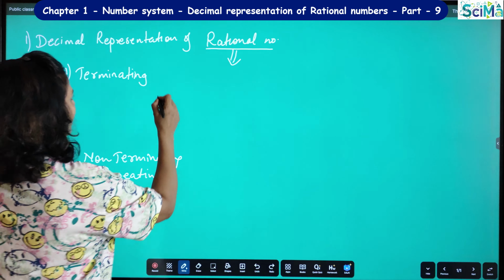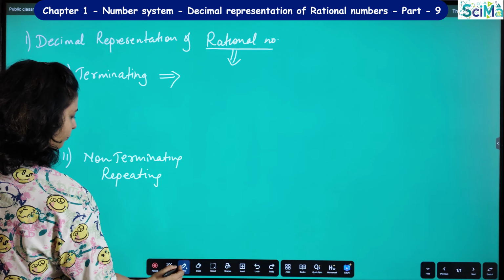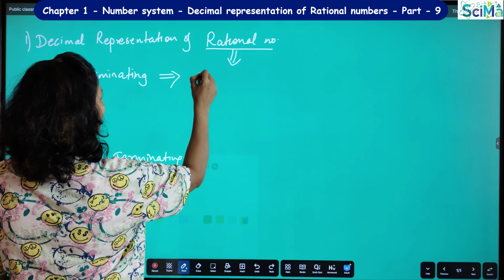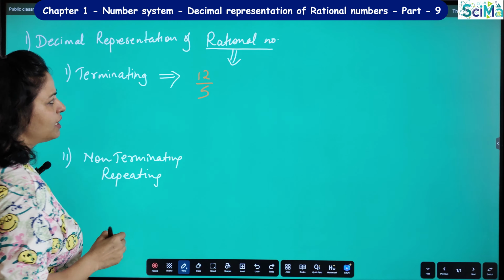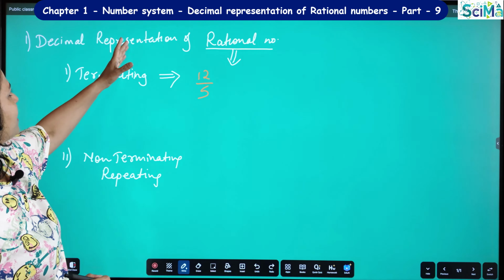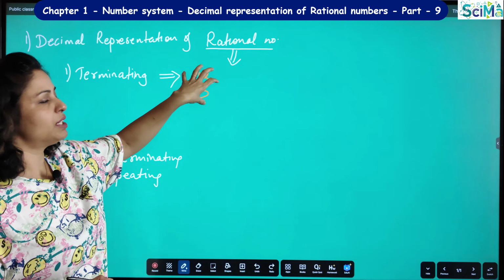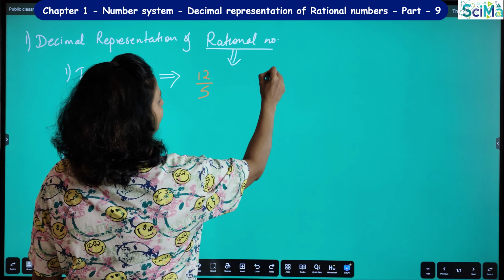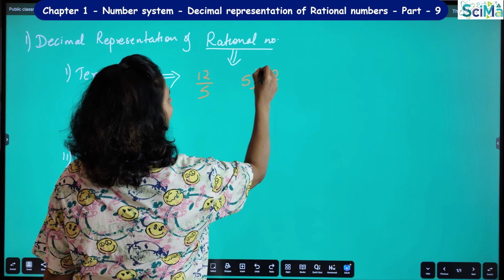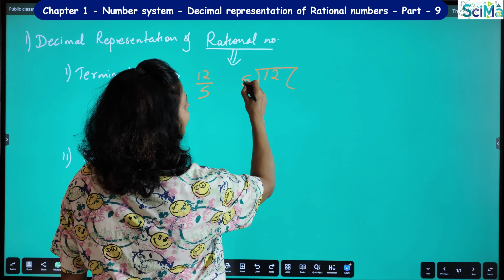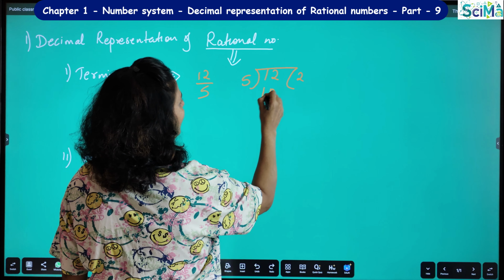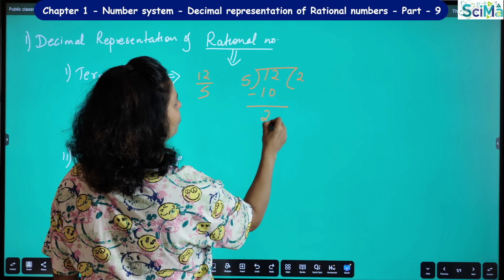Okay, so if I take this as an example, if I write 12 by 5, now this is a rational number. I have to represent it in decimal form, right? So I will divide. 5 2s are 10. I subtract, I get 2.